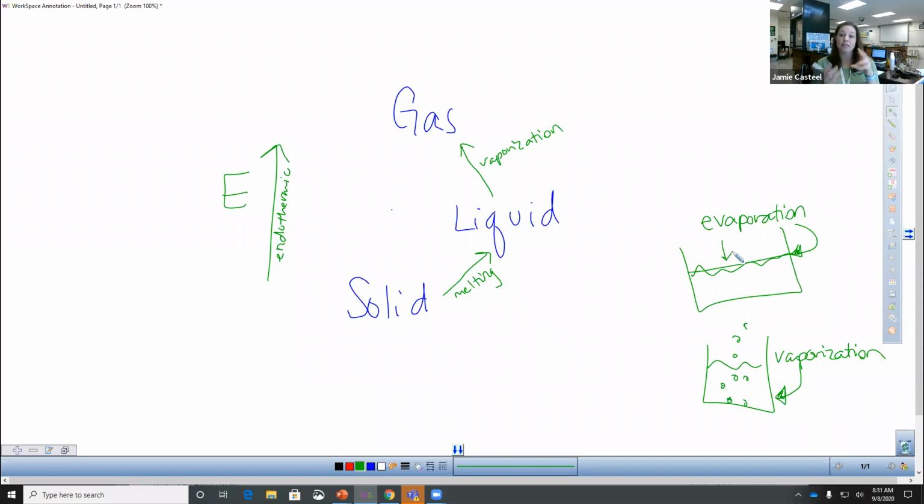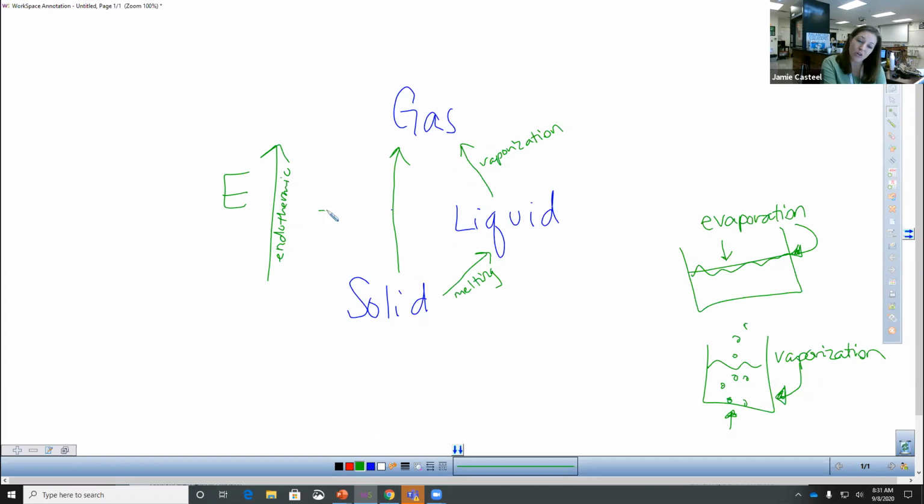They are getting more energy, and as they get enough energy, they break away from the rest of the liquid. Down here at the bottom, we're applying heat, and the whole thing is heating at the same rate. That's how they're different.